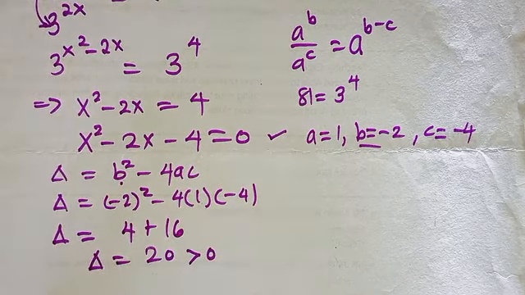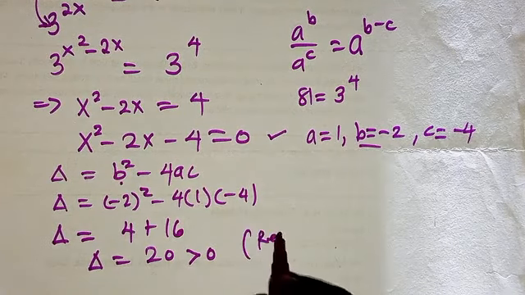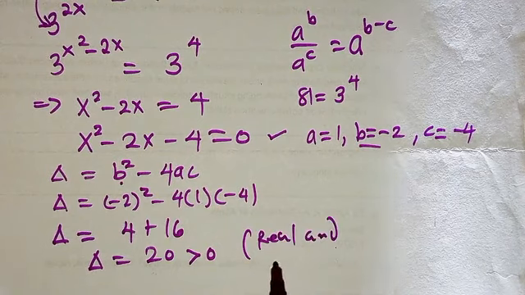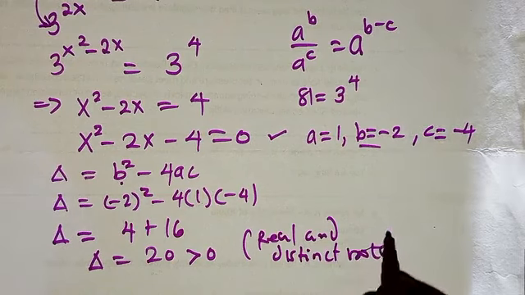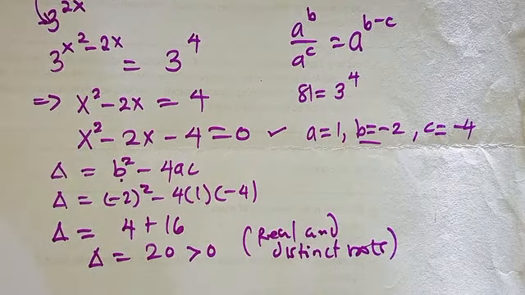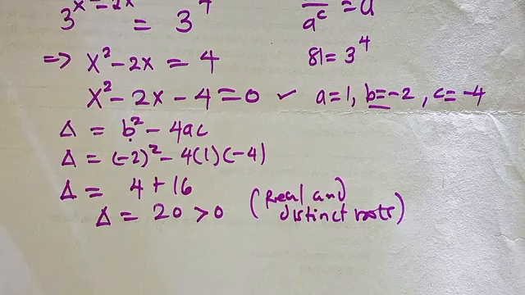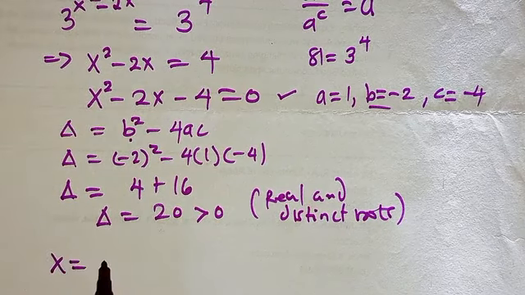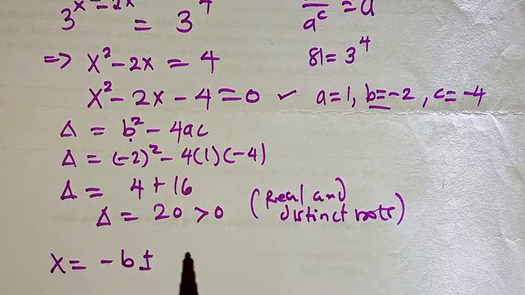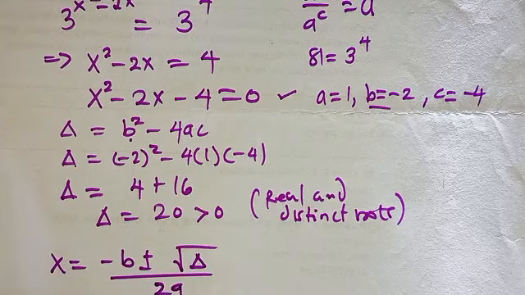When the discriminant is greater than 0, it shows that we have real and distinct roots. Having that, we now move on to look for the roots using x equals minus b plus or minus the square root of the discriminant, over 2a.